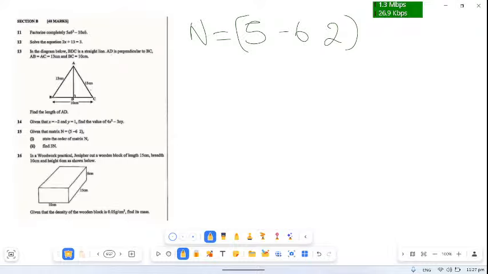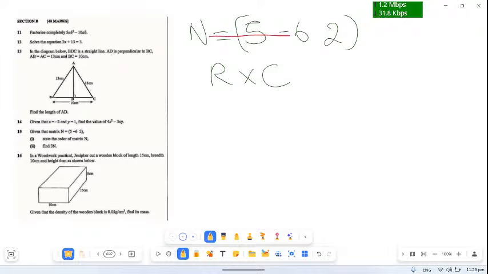So the question is saying state the order of the matrix. The formula for the order of a matrix is row by column. So what is the order of this matrix? How many rows does this matrix have?